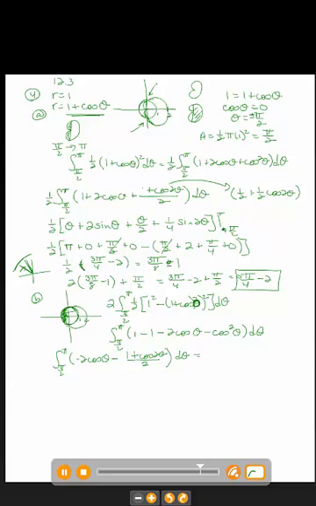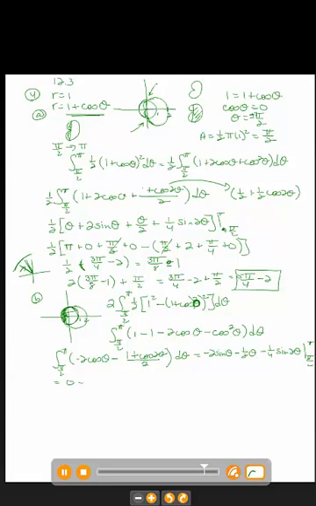If we integrate this, let's see what we get. We get negative 2 sine theta, negative 1/2 theta, and negative 1/4 sine of 2 theta. And so now we're going to plug and chug. The first one is 0.